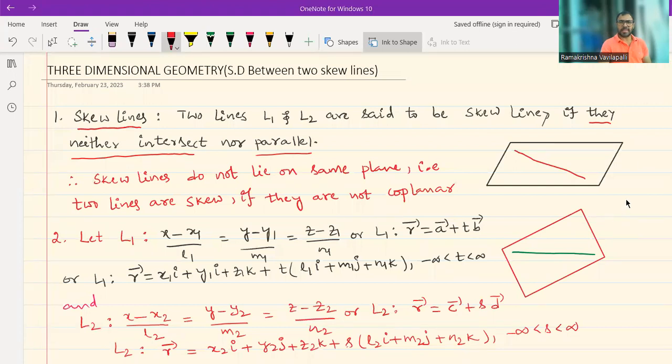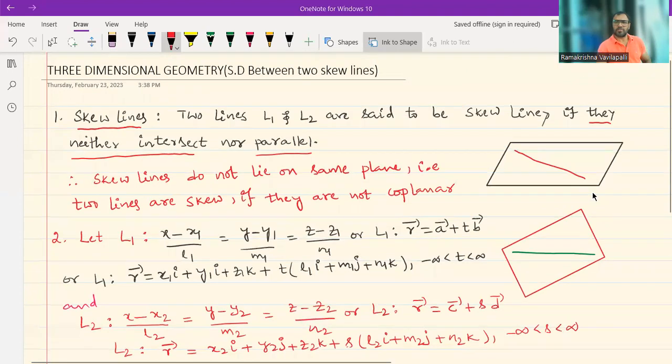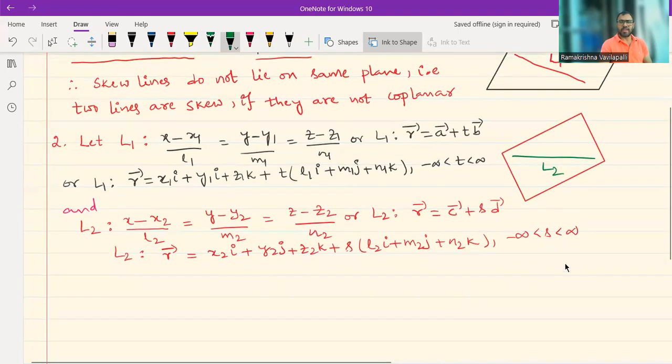Here I am taking two skew lines in symmetric form. See here, one line L1 lies on one plane and L2 lies on another plane. So these two lines are skew lines. They are not lying on the same plane. In this video, I will explain the shortest distance between two lines in symmetric form.